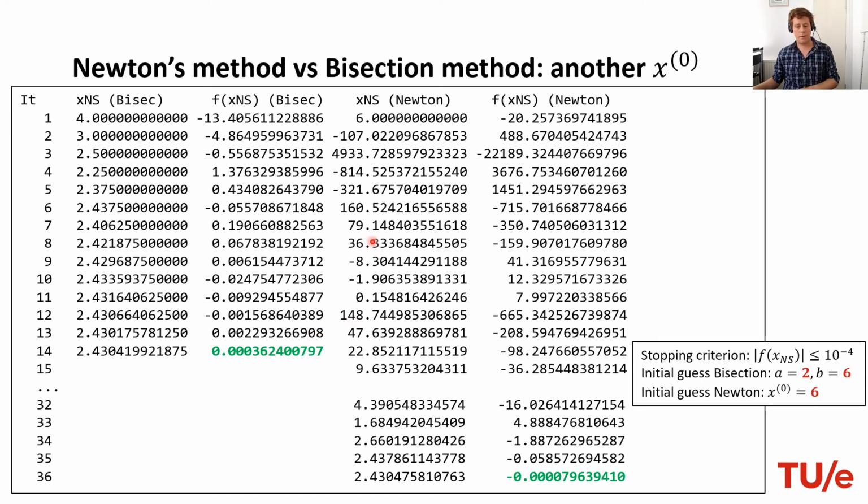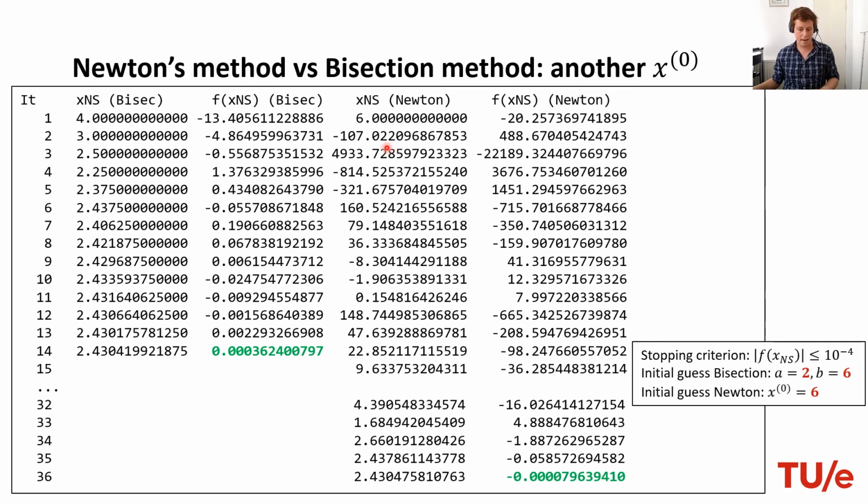Looking at Newton, we see that it starts at x equal to 6. It jumps to x equal to minus 107. It then alternates again to positive x, about 5,000, minus 800. So you see it's really oscillating, taking enormously large steps in x, which indicates that Newton's method is having some trouble with this problem.